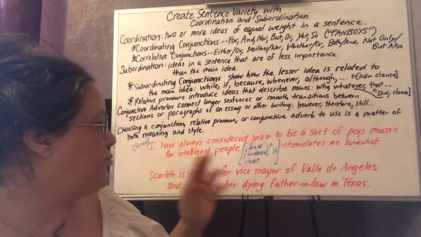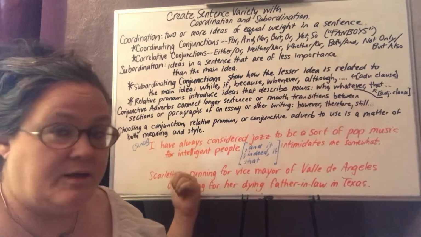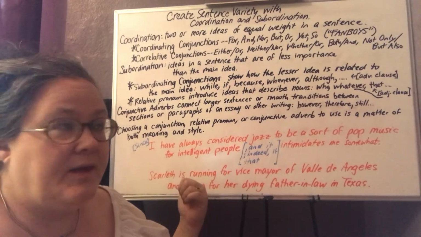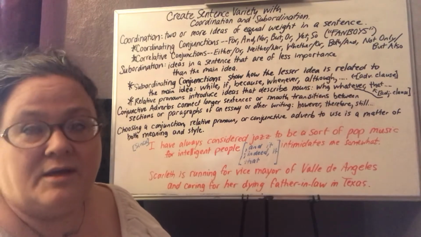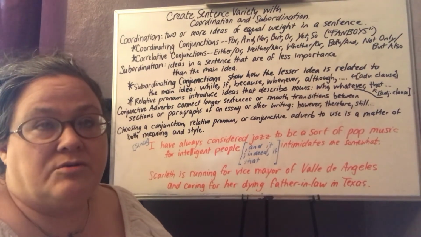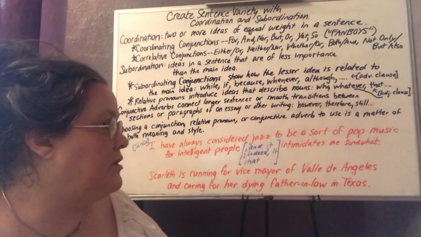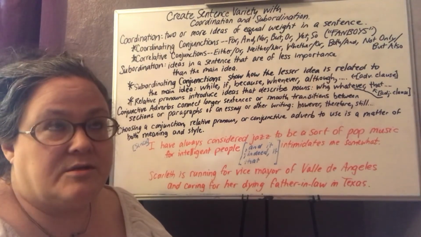If you have a subordinating conjunction at the beginning of the sentence, then after the comma you need to have a subject and predicate again, because subordinating conjunctions don't just join predicates, they join entire sentences or entire clauses.